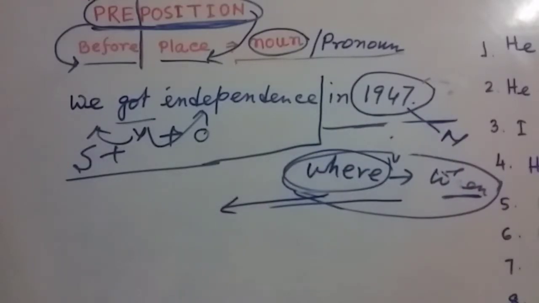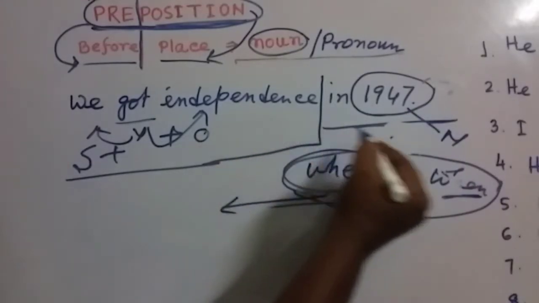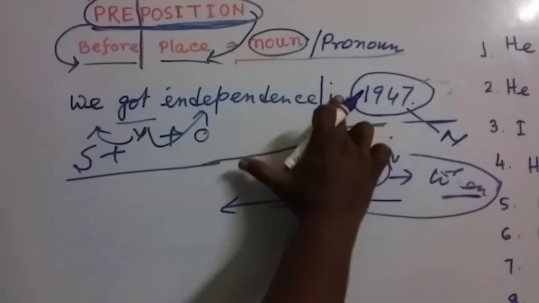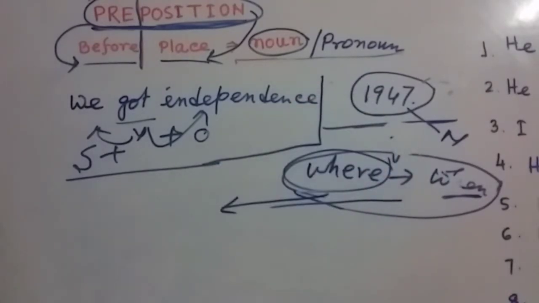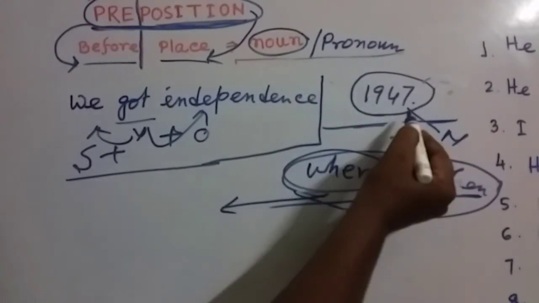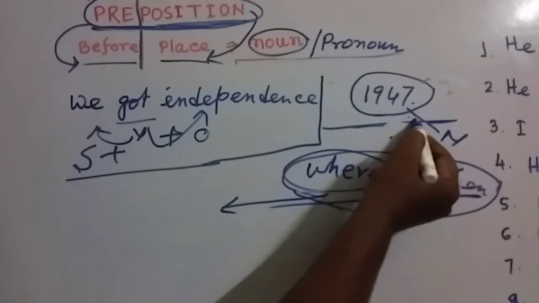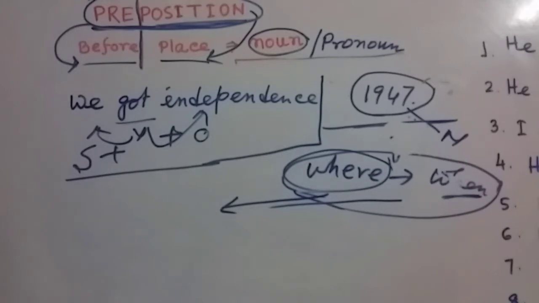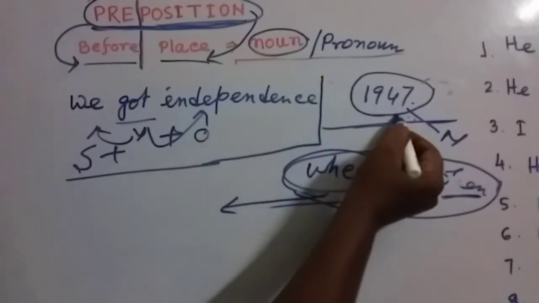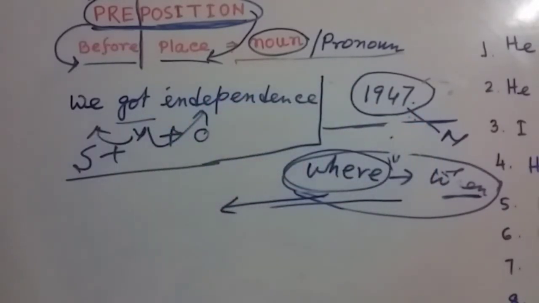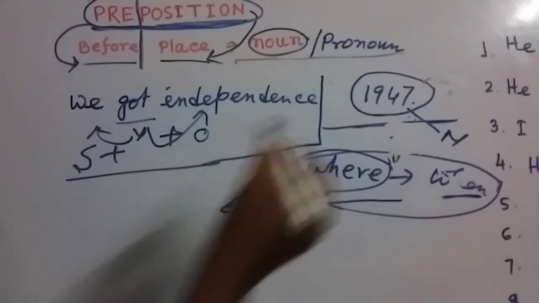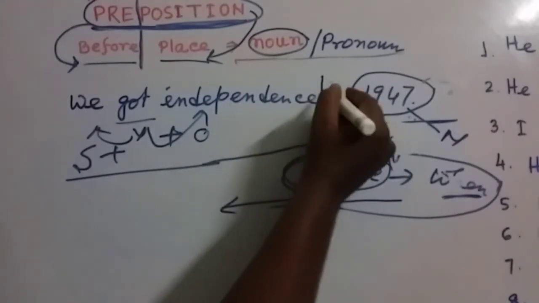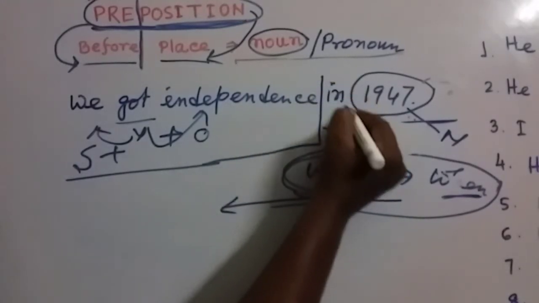Now look at this situation. So in this extension part, obviously we have to use one preposition, otherwise, my dear friends, we cannot link this noun with the rest of the words. We have to link the noun with the other words, so we should use in.